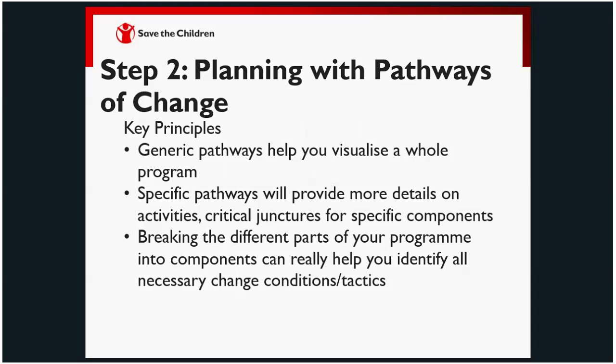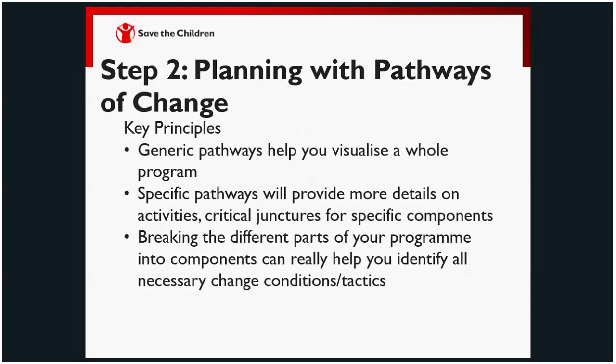The key principle when developing your pathway of change is that a generic pathway helps you visualize a whole program. So it helps you to visualize, okay, this thing leads to this, and this is the critical juncture, these are the intermediary changes, and in the end, this is what we want to achieve, while looking at these influences and everything.